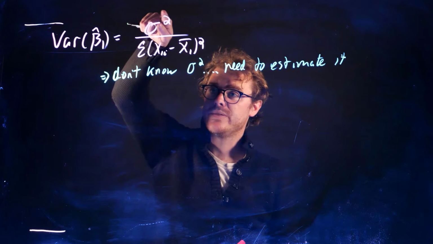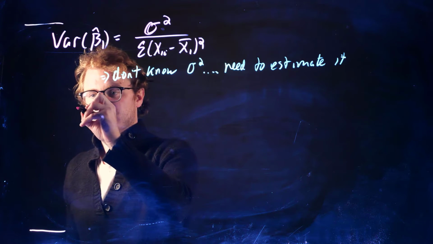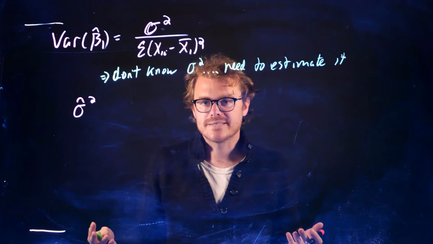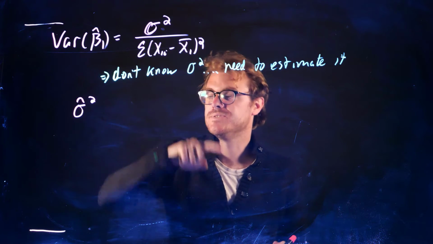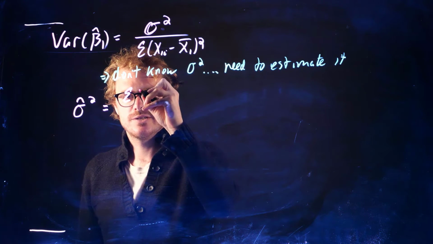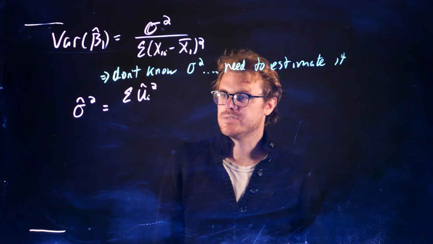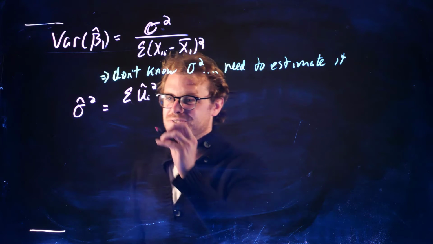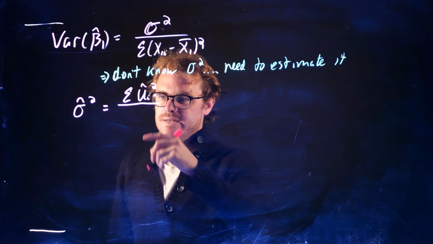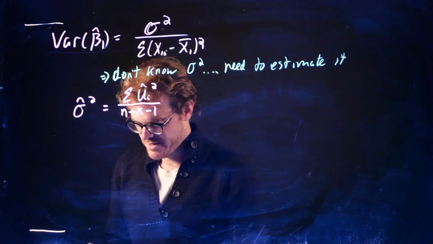When we think about the estimation of sigma squared, sigma squared hat is our estimator of sigma squared. This is going to be equal to the sum of squared residuals. So we add up the squares of all of our residuals, and instead of just having 1 over n on the outside, we're going to have n minus k minus 1.